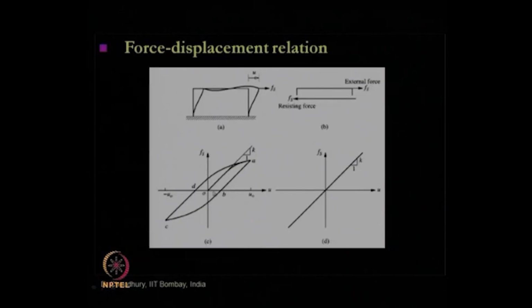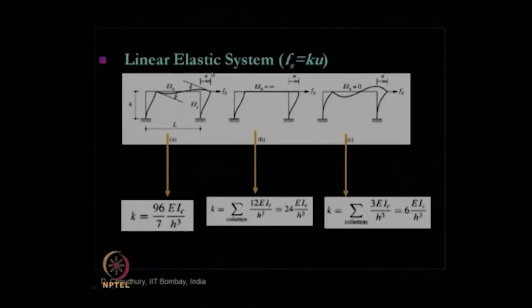If we take the linear component of the force versus displacement behavior of a spring, a string or a system, we can say this K is called the stiffness constant. So for a linear elastic system, as we have just seen, the spring force can be written as Fs equals K times u, where K is the stiffness or spring constant and u is the displacement.